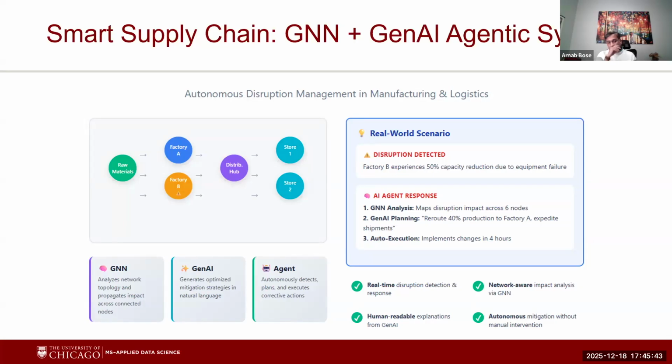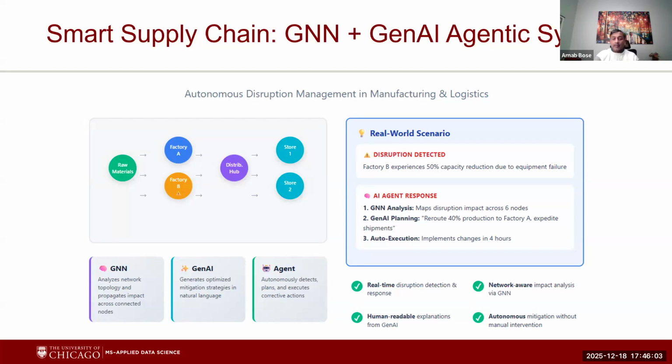Then, using the data from the GNN, the Gen AI can plan mitigation strategies. As you know, LLMs do a lot of this planning. Once it does the planning, you can have agents that take that plan and execute.